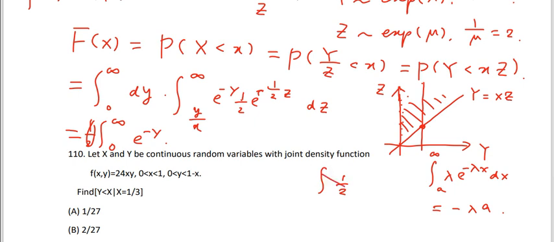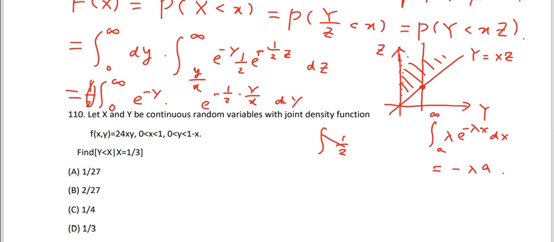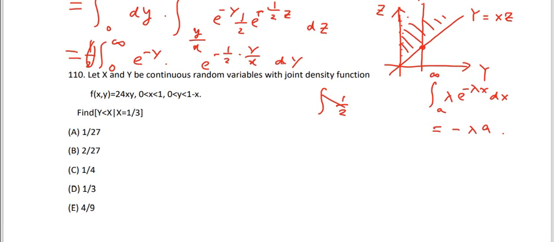So we just take the negative y outside. So this integration is equal to lambda, like negative lambda a times y over x, then dy.